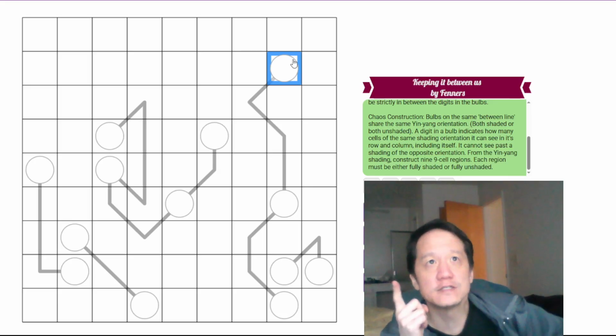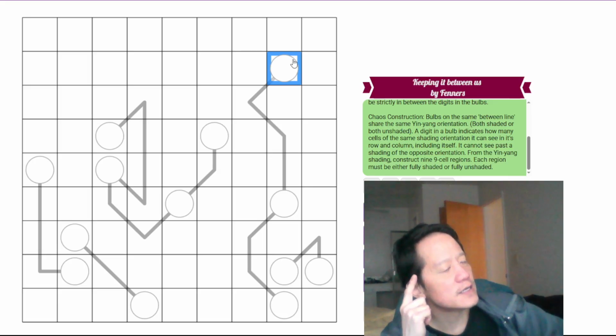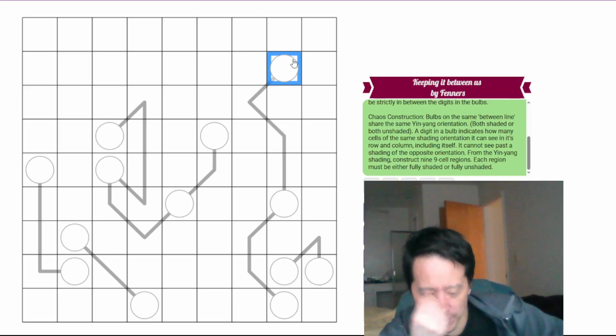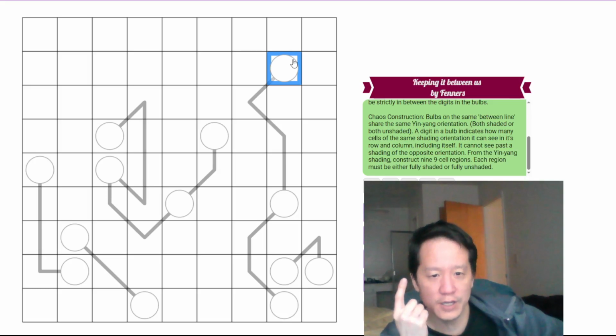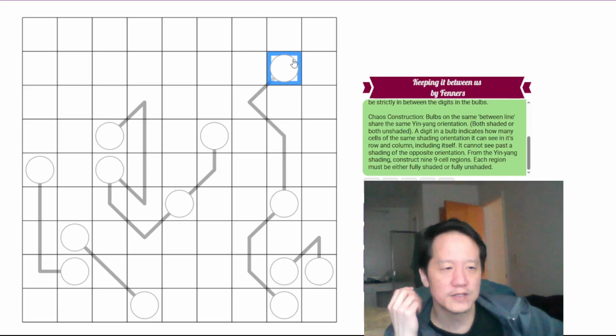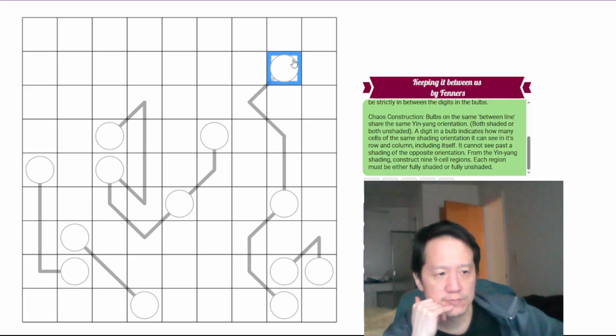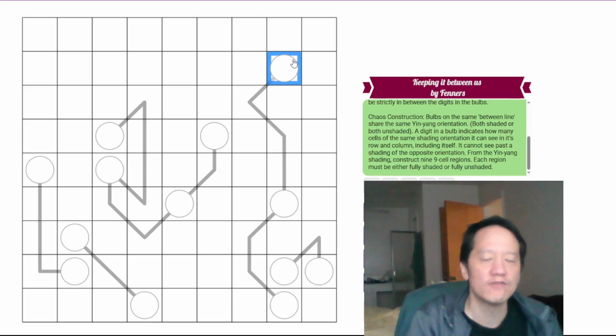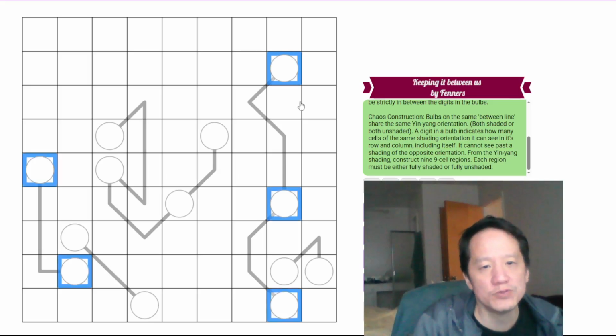Since we know each bulb counts the number of the same shading as it does in each row and each column, and all these shaded cells and all the unshaded cells are orthogonally connected to each other, you can never have a 1 on the bulbs.